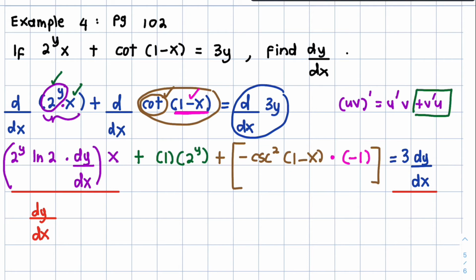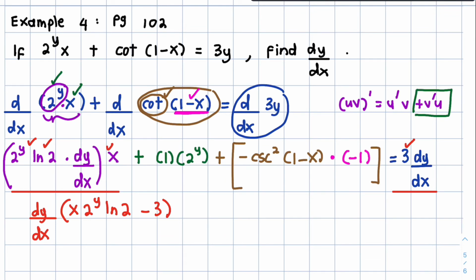Right, for the first term you can multiply straight away on the front x 2^y ln 2. So settle this. Now the second term is 3 dy/dx, but 3 is on your right hand side, so you have to minus 3. Close your bracket. Alright, so you collect and factorize together.